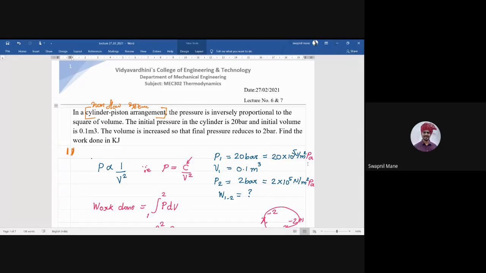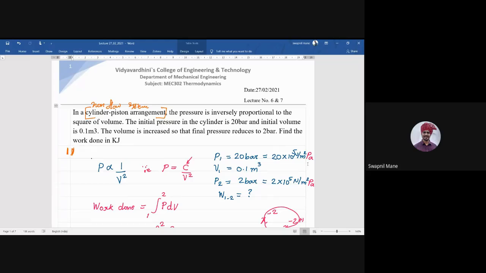A simple example I would like to give you is that a cylinder piston arrangement is a non-flow system, whereas a tank in which water is flowing in and out is a flow system. Water flowing through a pipe is a flow system. Where mass or matter is not leaving the system, but thermodynamic interactions are taking place, it will be called a non-flow system.